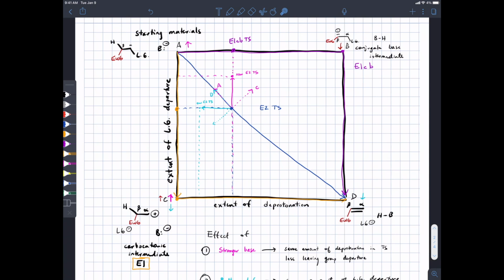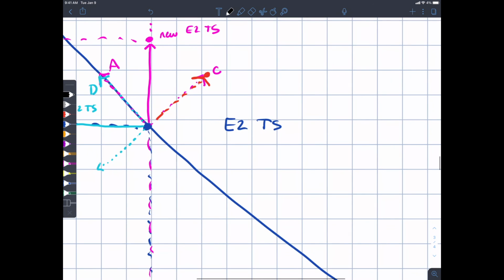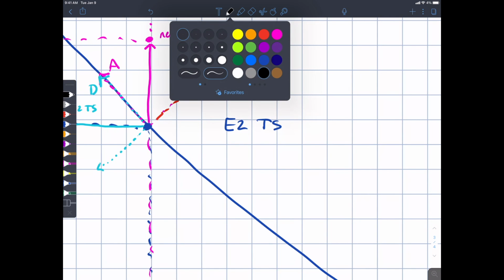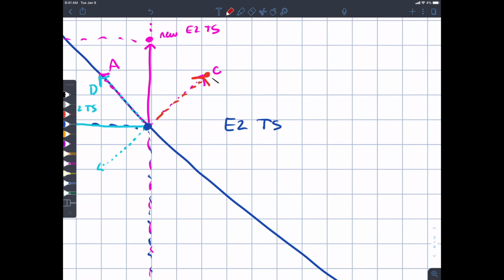If you lower this corner and raise this corner, the effect is going to be to move the transition state to that particular point. So this is the effect of lowering B and raising C.